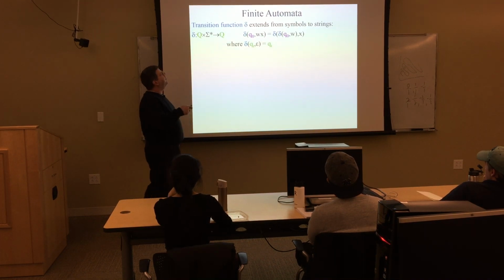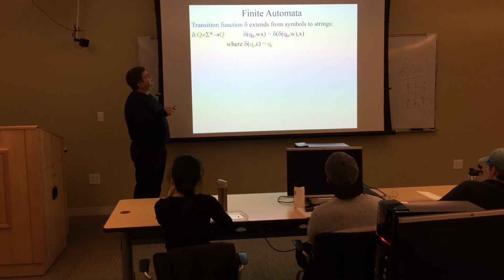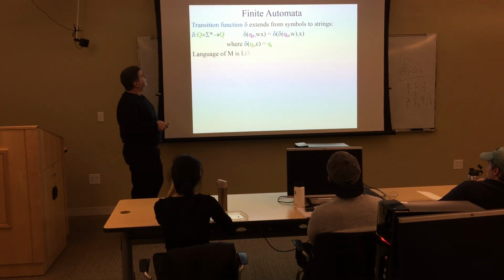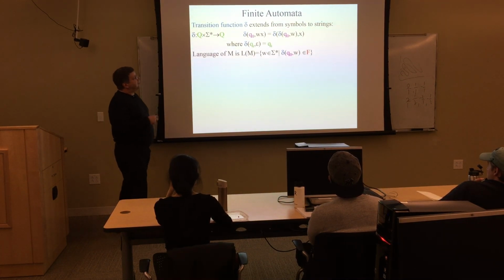So this is the inductive definition of how you extend delta from individual characters to whole strings. It's just an inductive definition where the base case is delta of Qi with seeing an epsilon, that is no characters, you stay there at Qi. In other words, you do nothing. And the language of the machine, we already mentioned that, but here it is formally.